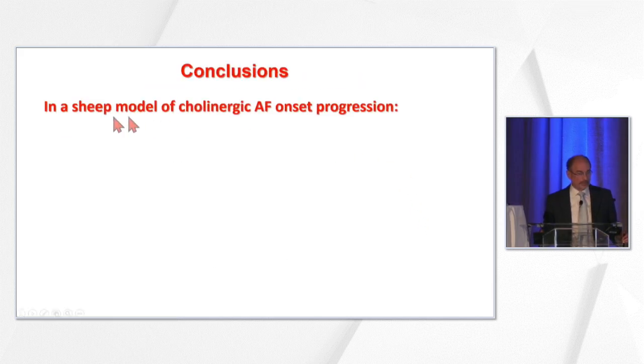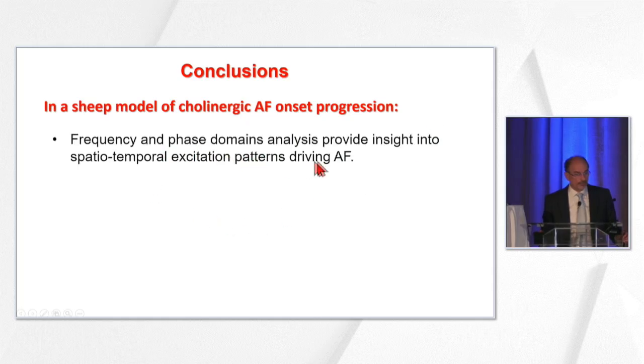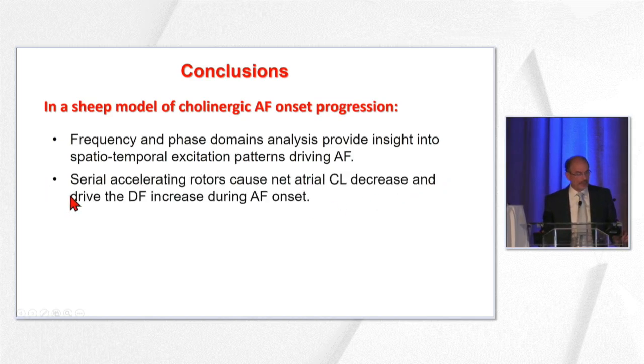So in conclusion, what I've shown you is that in a sheep model of cholinergic atrial fibrillation onset and progression, the frequency and phase domains analysis provide insight into spatiotemporal excitation patterns driving AF, mostly rotors, as I showed you. We've seen serial accelerating rotors that cause a net atrial cycle length decrease and drive the dominant frequency increase during AF onset.